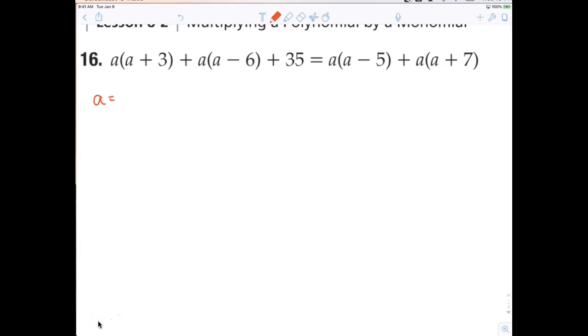A equals. Come on. I want you working it out.